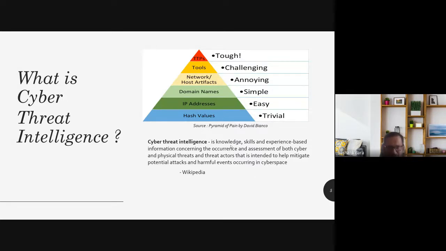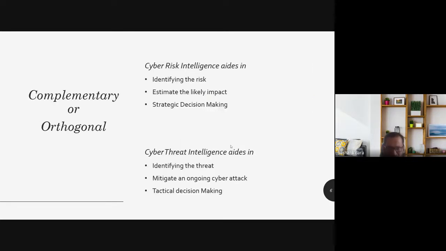So are cyber risk intelligence and cyber threat intelligence complementary or orthogonal? I would say they're complementary, but there are subtle differences. Cyber risk intelligence is more about identifying the risk. Again, risk, not threat. I'll cover these definitions in just two more slides.